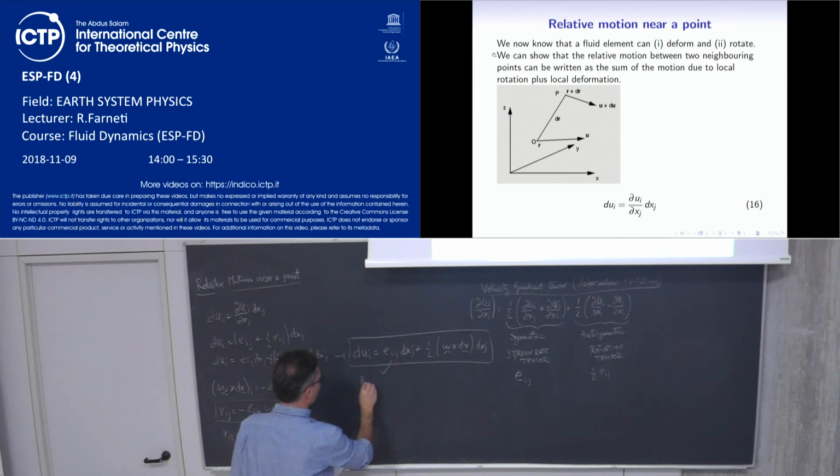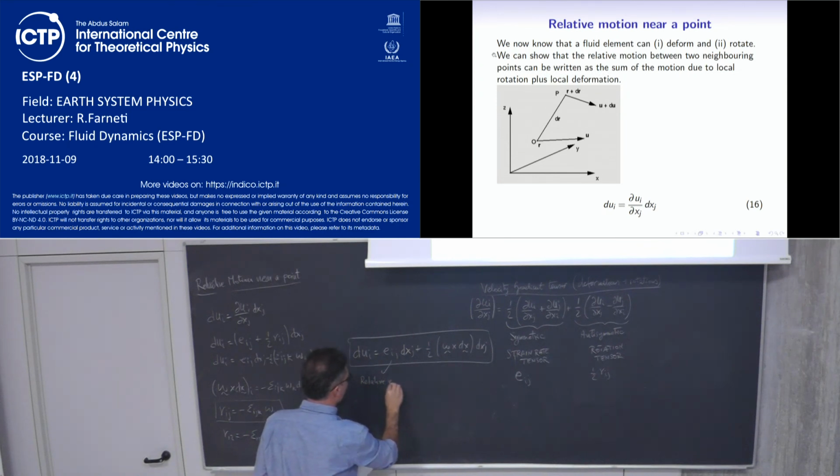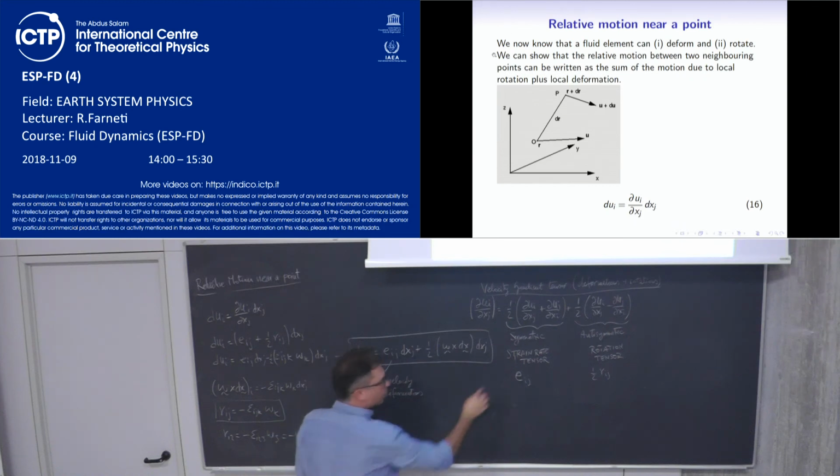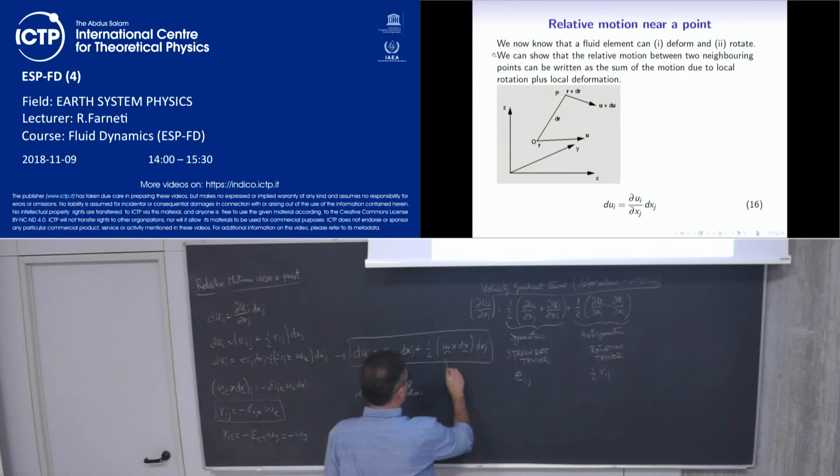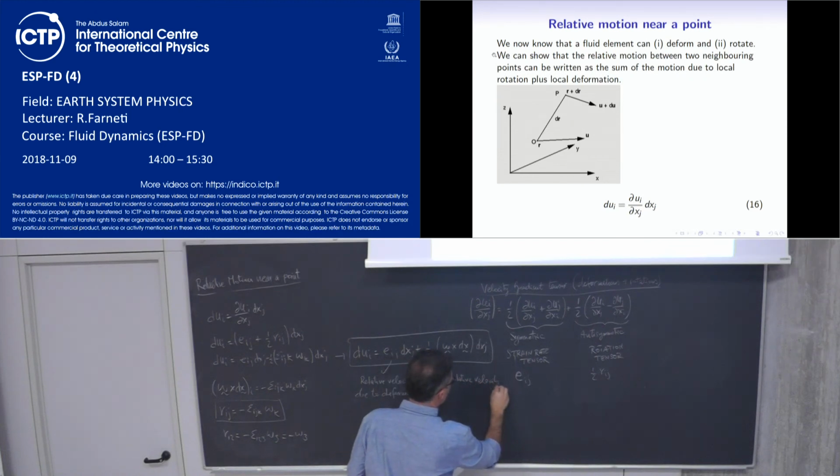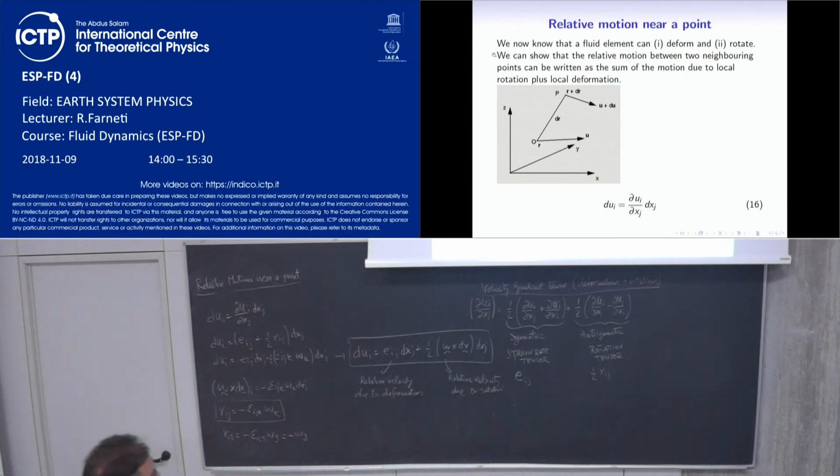So this is the relative velocity due to all the deformations, because in here there is the linear strain rates and the shear strain rates, and this is the relative velocity due to the rotation of my element of fluid, which is rotating at this angular velocity, half of vorticity.